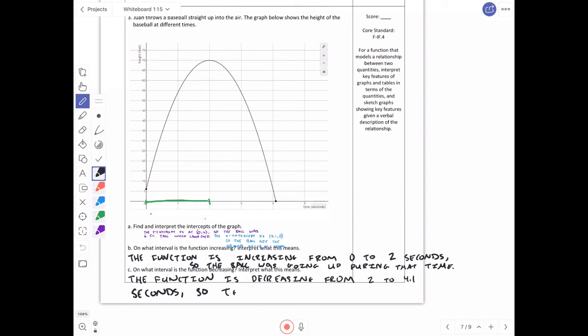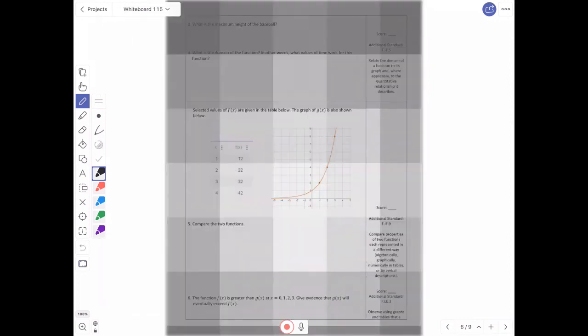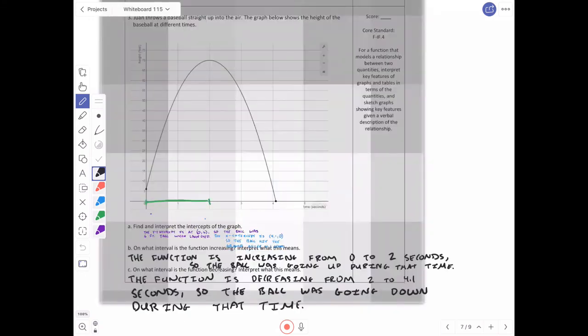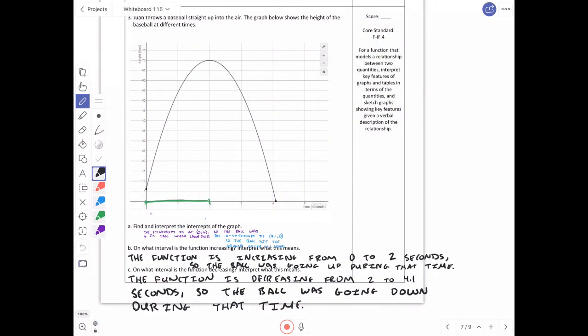Whew. The maximum height looks like 70 feet.